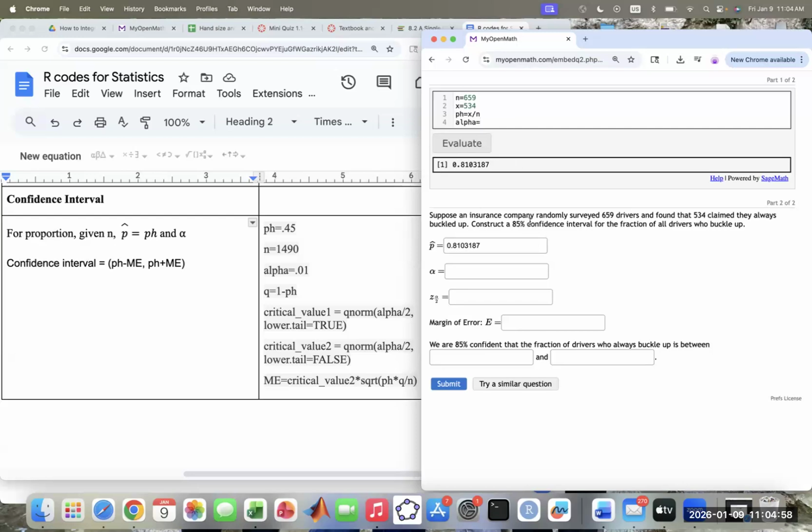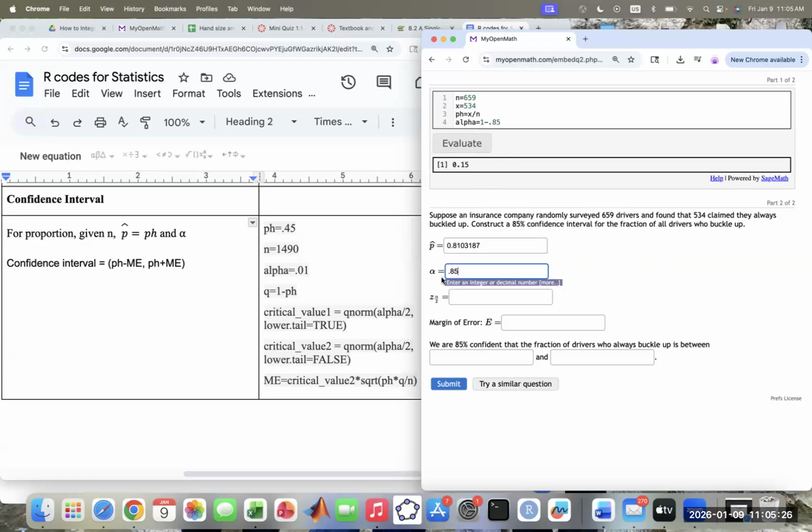You can do it in your head, 100% minus 85%, or you just type in here and let it deal with it: 1 minus 0.85. Something small like 99 you can do, but some of you may have trouble with this one, so just type it in and it does it for you. When you hit evaluate, it will give you the number right here, 0.85.